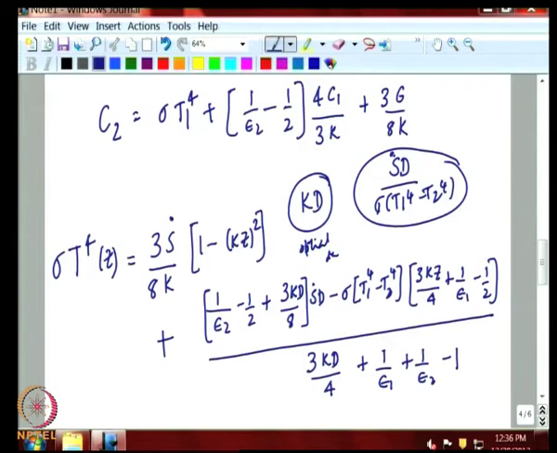But a small mistake I made here, this is S dot.